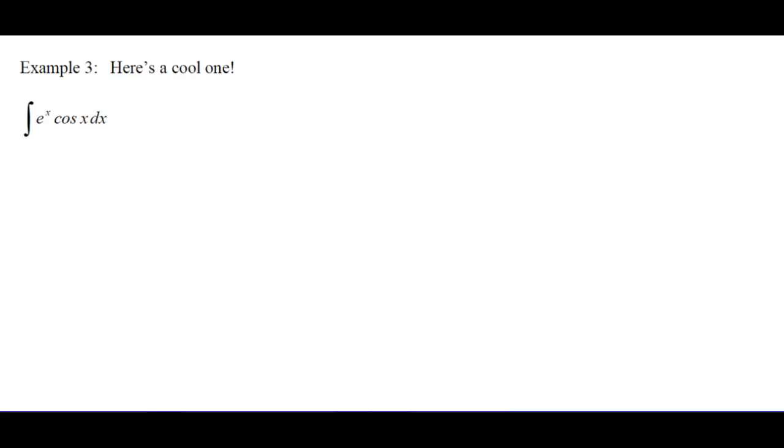You could try it either way, I don't think it's going to make a huge difference. But in this case, here's what we're going to do. We're going to let u equal e to the x. Then du is just going to be e to the x dx. We're going to let dv equal cos x dx, and then v will just be sine x.